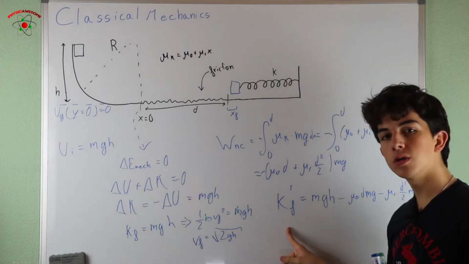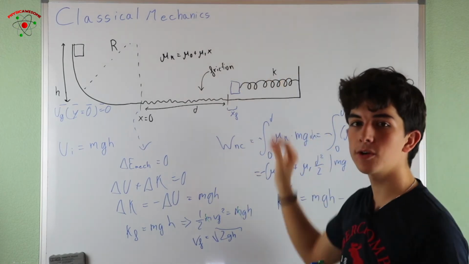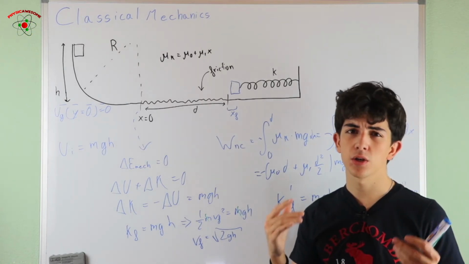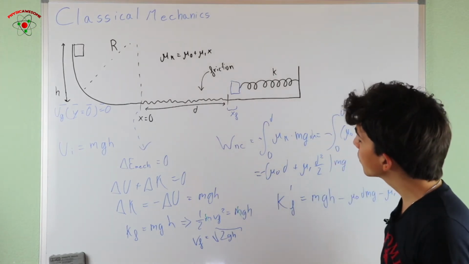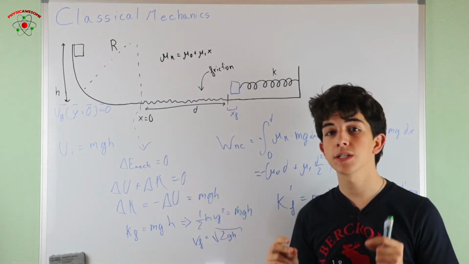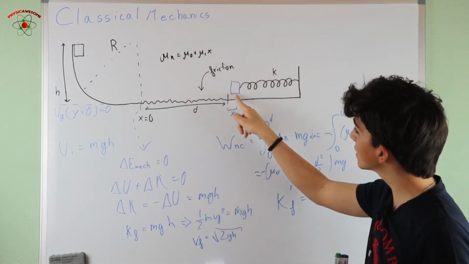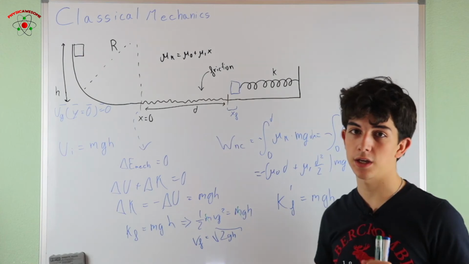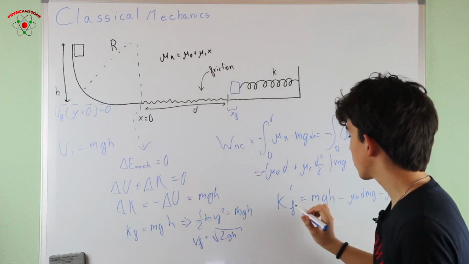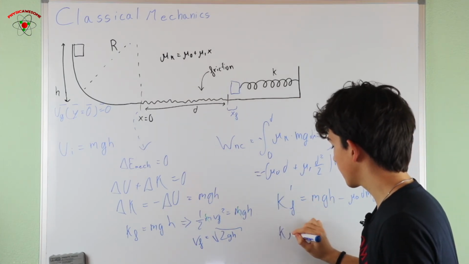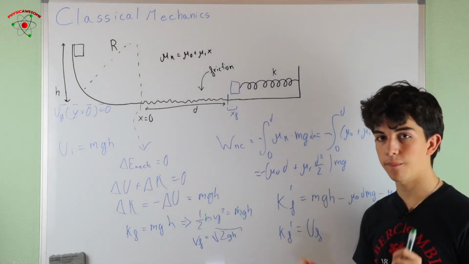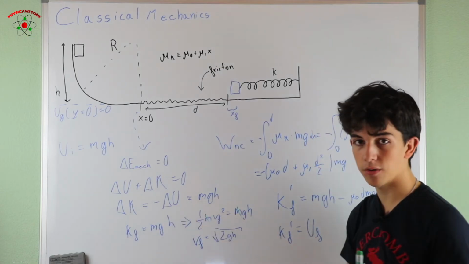Now, we know that in this last section, energy is going to be conserved because there's no non-conservative force doing anything. So, this kinetic energy has to be equal to the final potential energy once it has reached 0 kinetic energy at the farthest point it's going to reach. So the final kinetic energy is going to be equal to U final. They have to be the same, by the same reasoning we made over here.